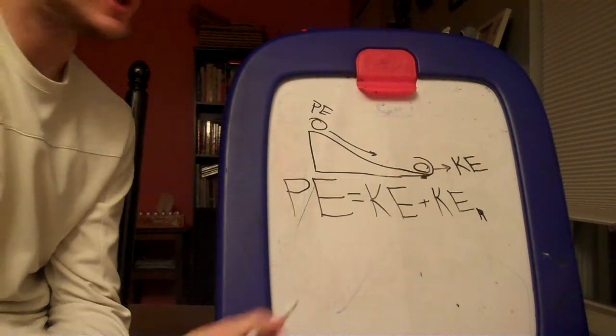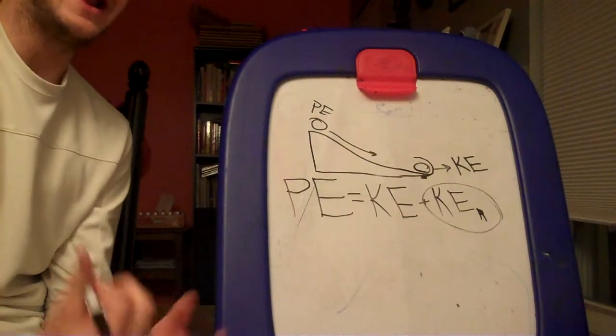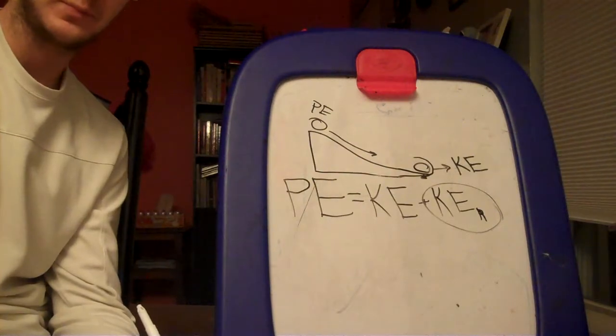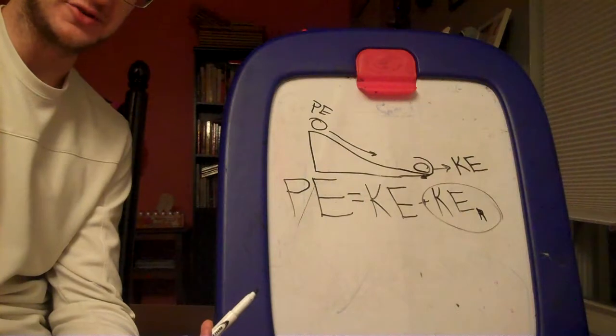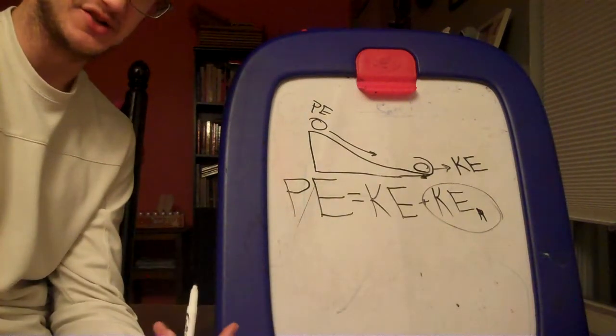The easiest way to get rid of the rotational kinetic energy is that I calculated that it should be about 40% of your potential energy. Okay? Since that should be about 40% of your potential energy, it follows that this should be 60% of your potential energy.